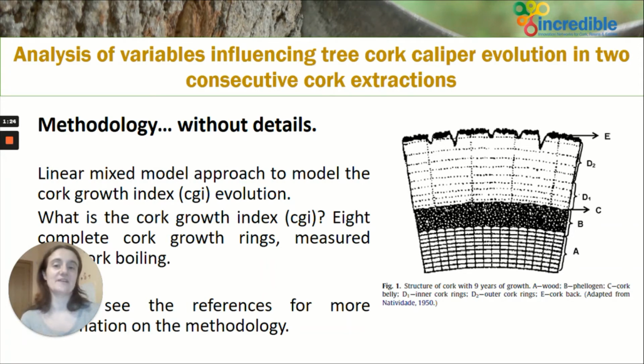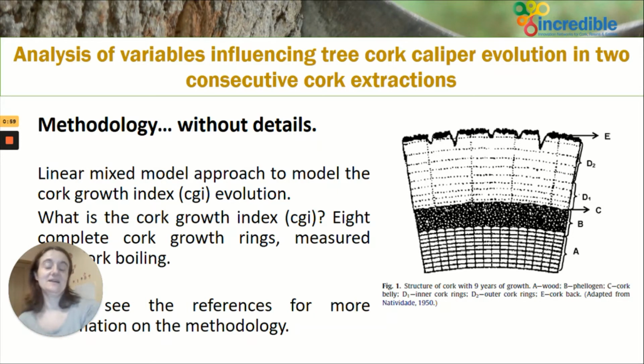We are not considering that half ring. Then it starts to produce one cork ring per year, of course, and because the minimum interval between two consecutive cork extractions on the same tree is 9 in Portugal, it will grow at least 8 complete growth rings.